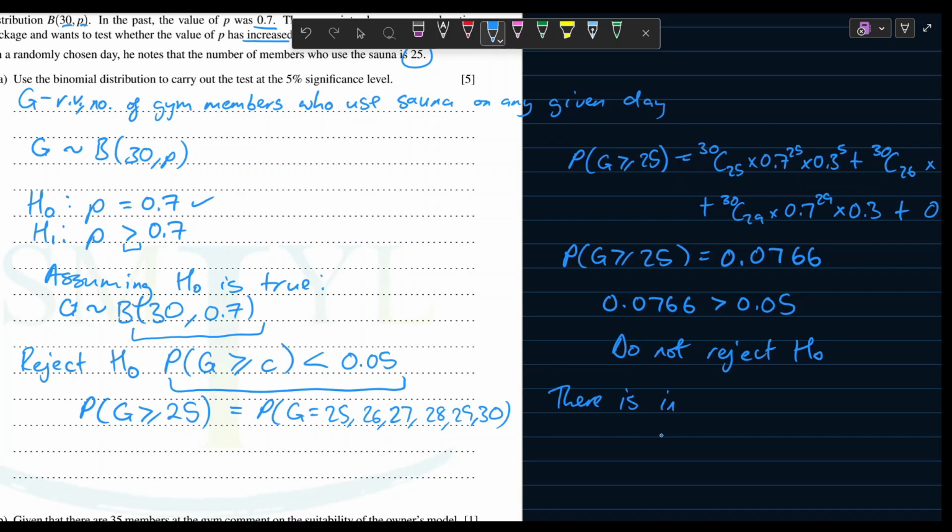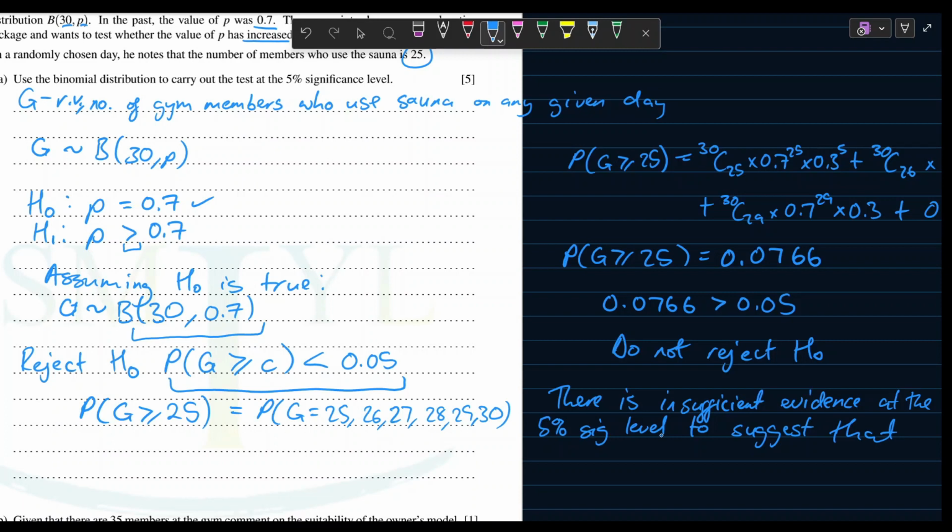There is insufficient evidence at the 5% significance level to suggest that the number of people who use the sauna has increased, to suggest that p has increased.